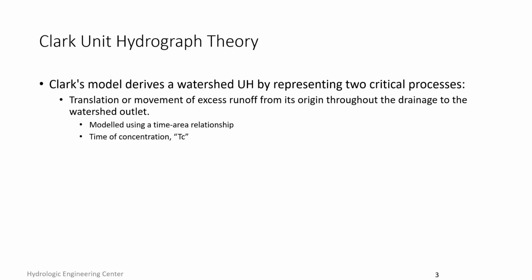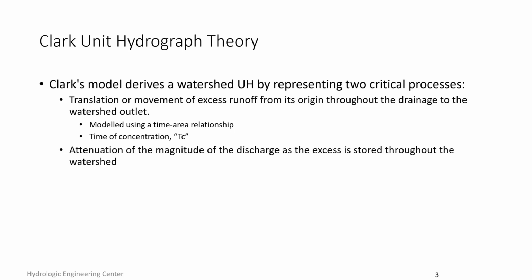Translation in the Clark method is modeled using the time area curve, and the critical parameter to estimating translation is the time of concentration. The second process is attenuation, which is the reduction of the discharge magnitude due to frictional forces or storages within the channel or basin. The attenuation effects are modeled using a linear reservoir, and the parameter that controls attenuation is the storage coefficient.